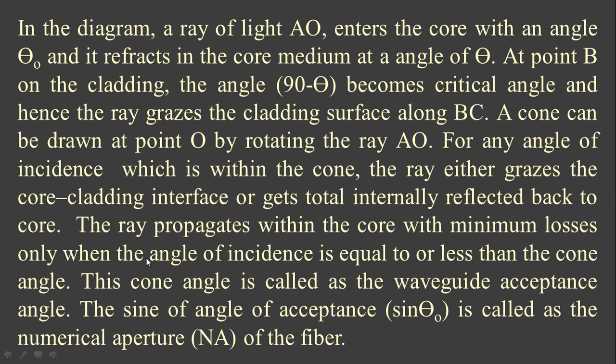The ray propagates within the core with minimum loss only when the angle of incidence is equal to or less than the cone angle. This cone angle is called the waveguide acceptance angle.